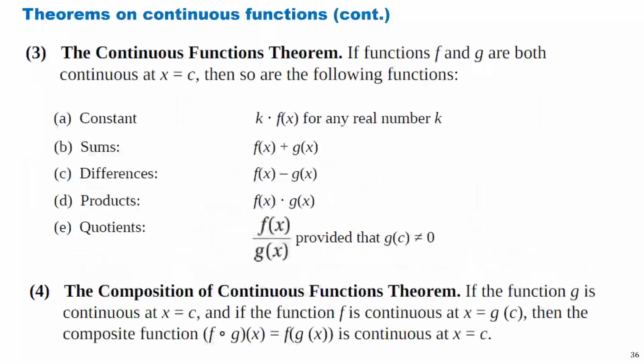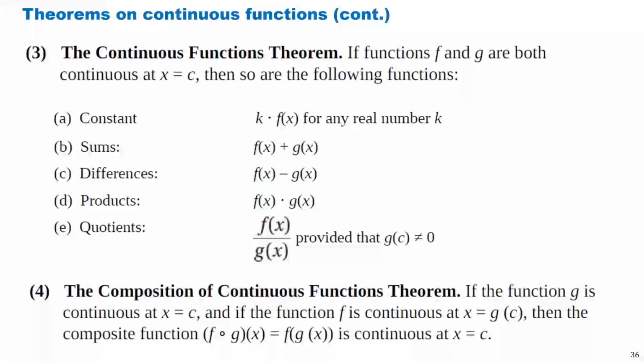Alright, next one, the third theorem. The continuous functions theorem. If functions f and g are both continuous at x equals c, then so are the following functions. A, a constant function.